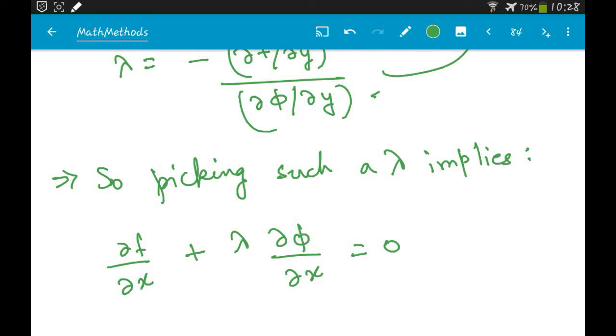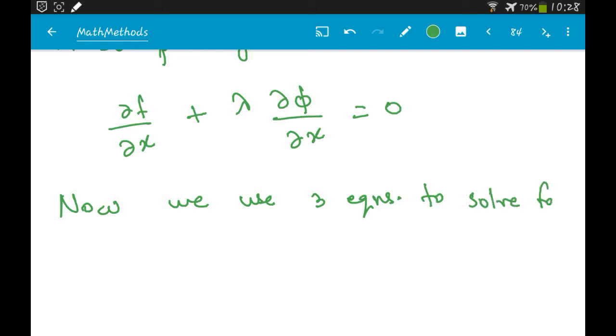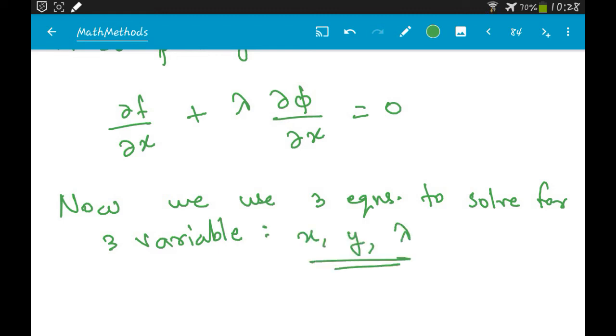Now we have 3 equations, and we use them to solve for 3 variables. The 3 variables are x, y and lambda.